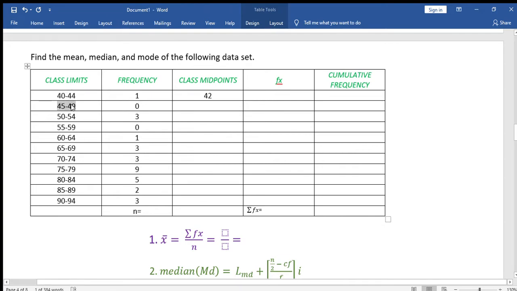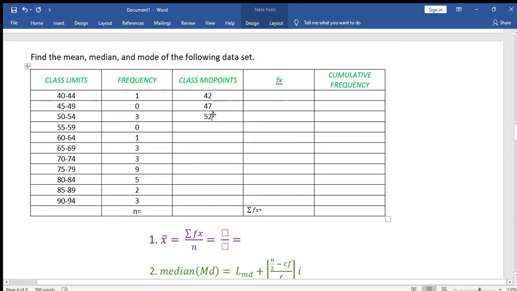Together with this, 45 plus 49 is 94, and if you divide it by 2, 94 by 2 is equal to 47. Together with this, 50 plus 54 is 104, divided by 2 is equal to 52. As you notice, you can easily see a pattern.